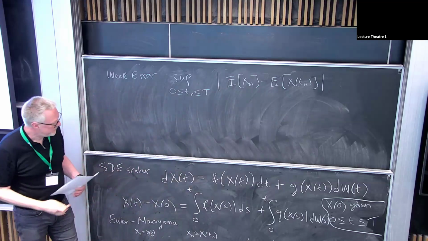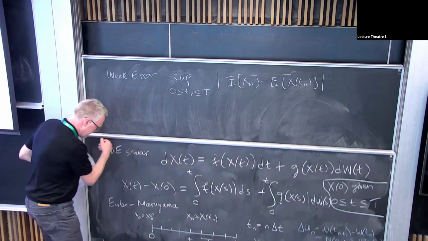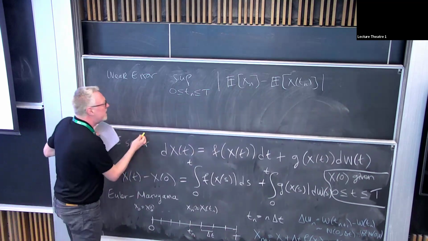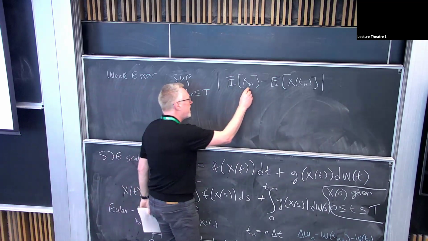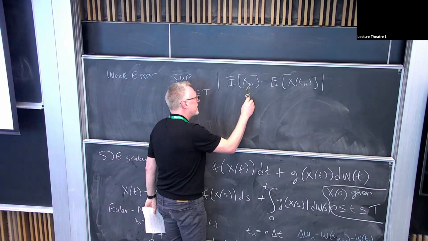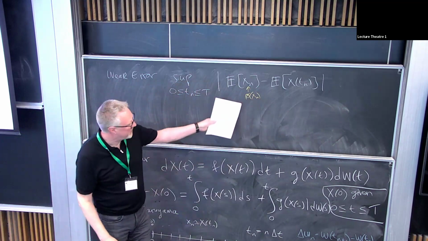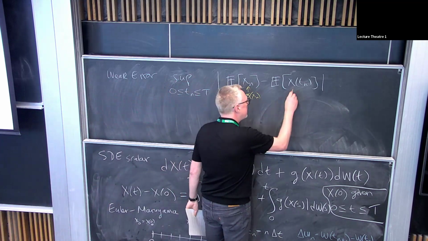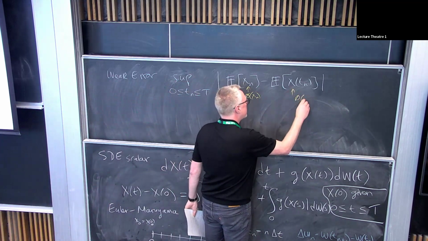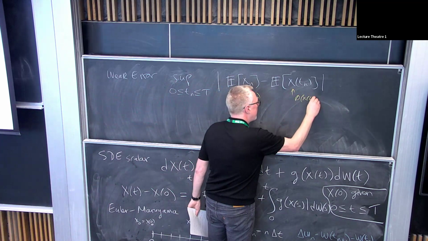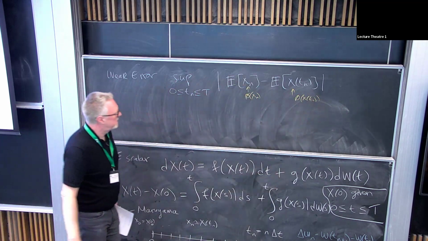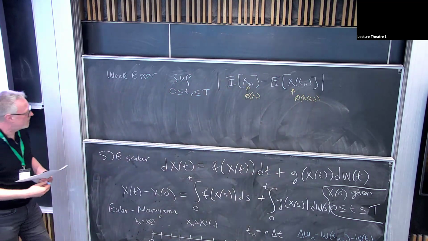If you like, you can be a bit more general. For example, you could have moments. So you might want to have a test function like x squared. You might want to compare moments. This would be the corresponding moment of the true solution. But let's just stick with means for now. That would be weak.